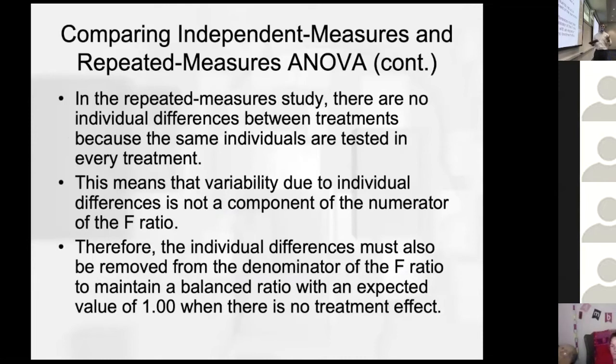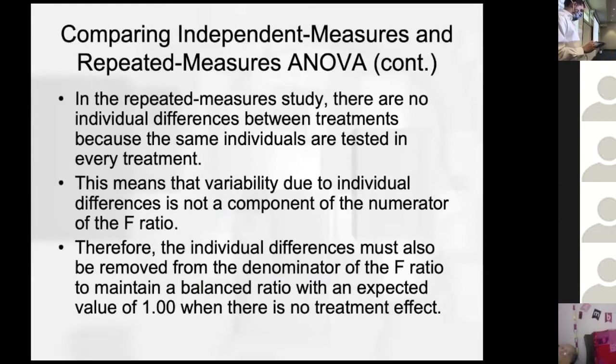All right. So again, just regurgitating this. So in the repeated measure study, there are no individual differences because we've removed them by testing every participant in every level of the treatment. This means that we don't have any individual variance in that numerator. Right? There's no variance between the groups as a function of individual differences because all those individual differences have been removed.